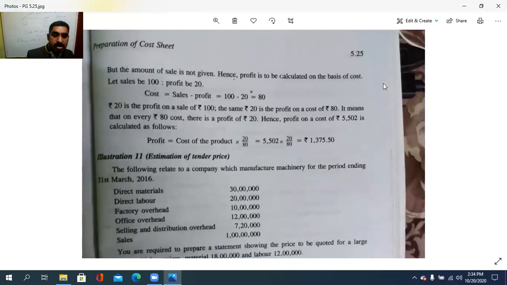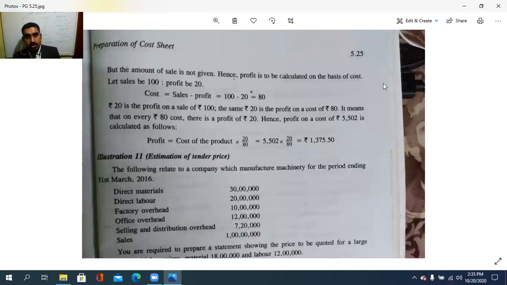So how much is it? Profit is cost of the product into 20 divided by 80. The amount of sale is not given, so the profit is to be calculated on the basis of the cost price. If the sale is 100 and profit is 20, then the cost price is 80. Therefore cost is equal to sales minus profit, so 80. So rupees 20 is the profit on a sale of rupees 100.